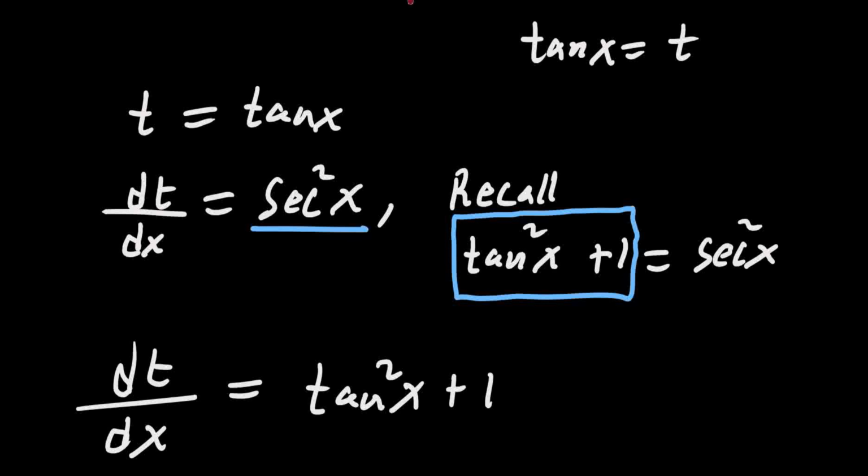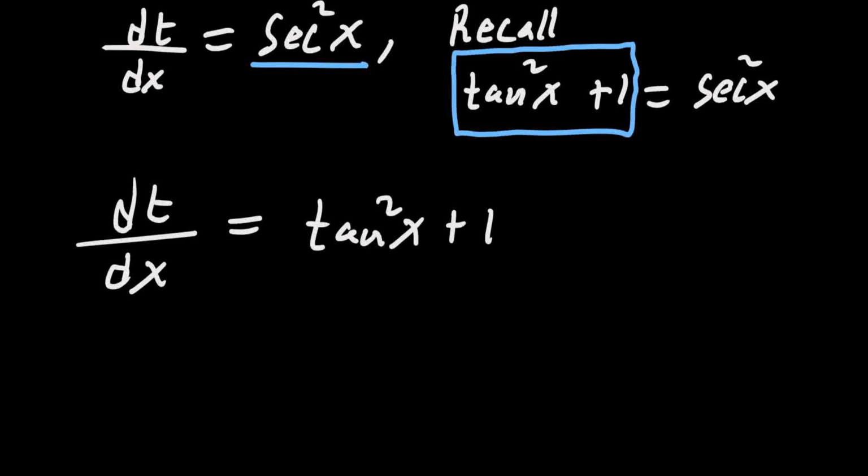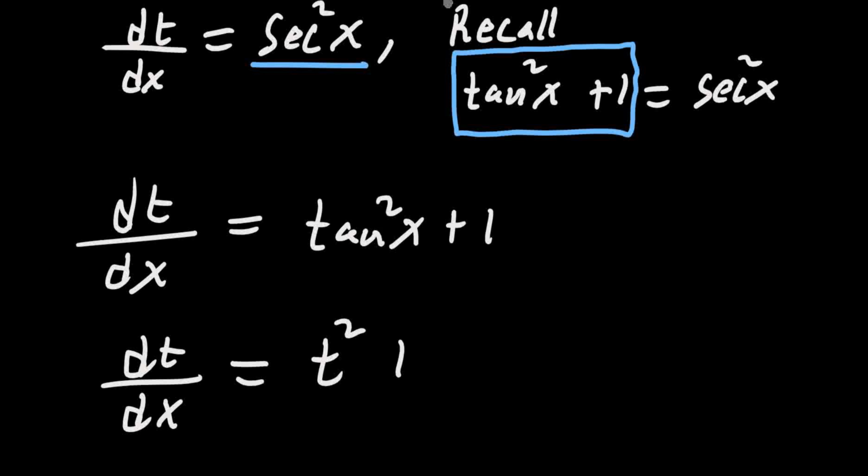Also remember, we said T is equal to tan X, so we can simply replace; dT over dX is now equal to T squared plus 1.